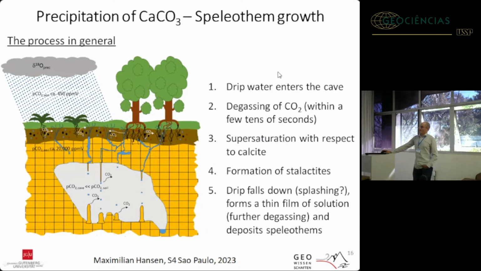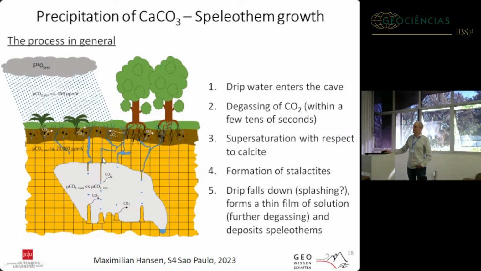Okay, so what happens during the actual formation of speleothems, the precipitation of calcium carbonate? So the drip water, after all the processes which I just described before, the acidic water seeping through the carbonate host rock, dissolves the carbonate and is in equilibrium with a very high PCO2.